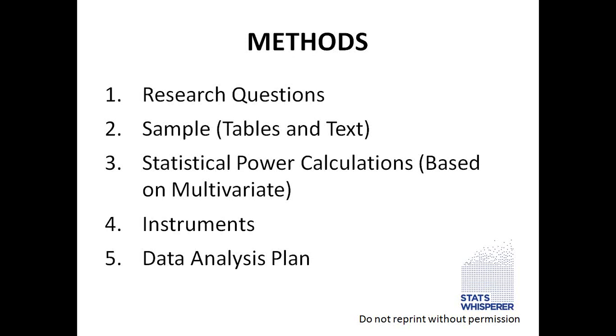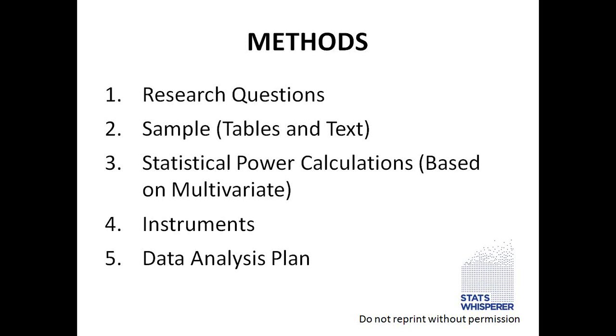All right, the methods section. So you might ask, just what part of the methods section is statistically oriented? Right, well, first, the research questions, because that lists the constructs that we are going to measure, say it with me, statistically, right?